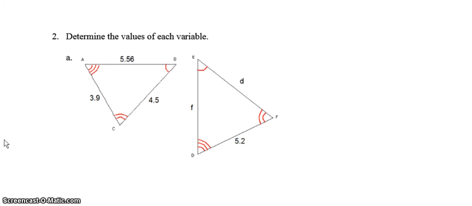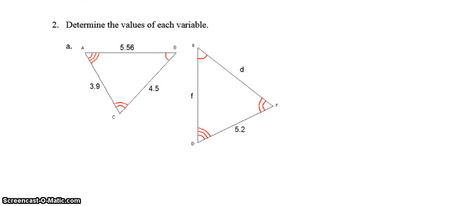Next is you have to be able to use proportions to determine missing side lengths. To be able to do that, you need to know which side goes with which. So to determine the values of each variable, side D is in between the 1 and the 2 arches. So that would go with 4.5.